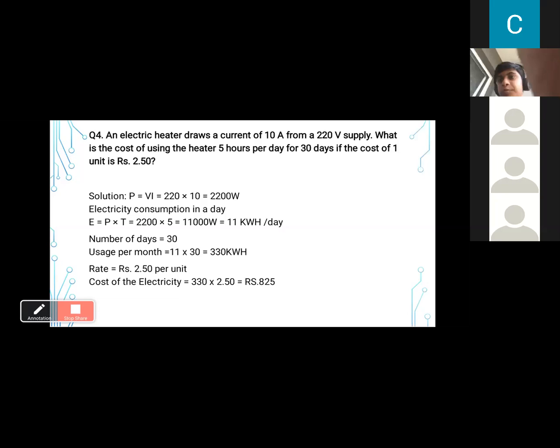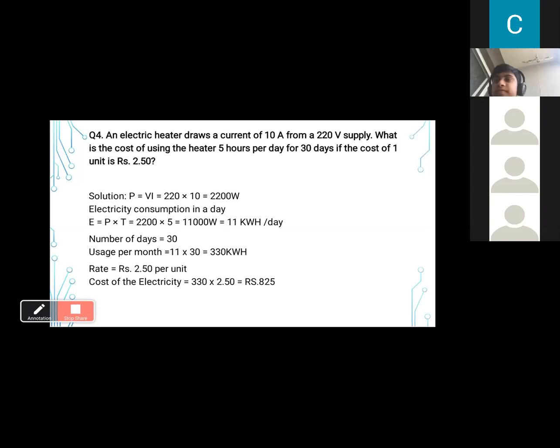But be sure that you are taking power or the heat in kilowatt hour. You're taking time in hours and power in kilowatt, because 1 unit is kilowatt hour. Is this clear? Don't take time in seconds. If you take time in seconds here, your energy will come in joules. So in such questions, you are going to take time always in hours.